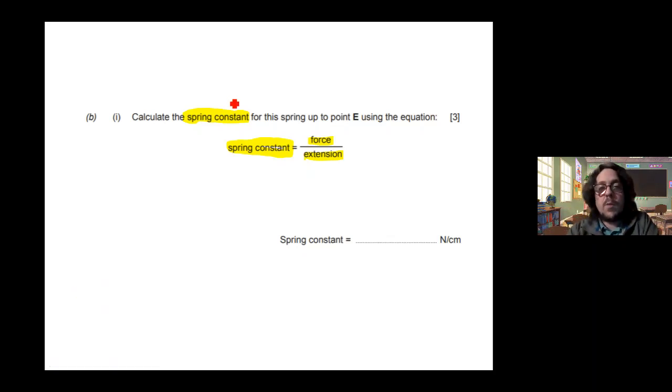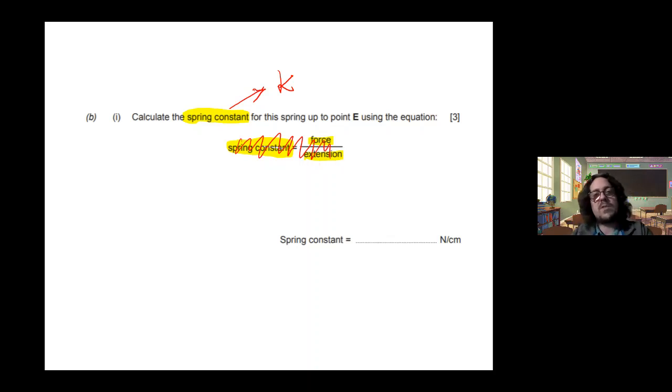So first of all, can anyone remember what the symbol for the spring constant is? If you can remember Hooke's law, or that the spring constant has the symbol, yes, you said it, K, right?